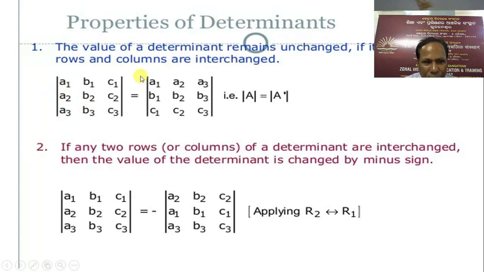Now the first row becomes the first column, the second row becomes the second column, and the third row becomes the third column. If we say this is determinant A and this is determinant A dash, then the value of this determinant will be the same as the value of the second determinant. That means the value of a determinant remains unchanged by changing the rows into columns and columns into rows.